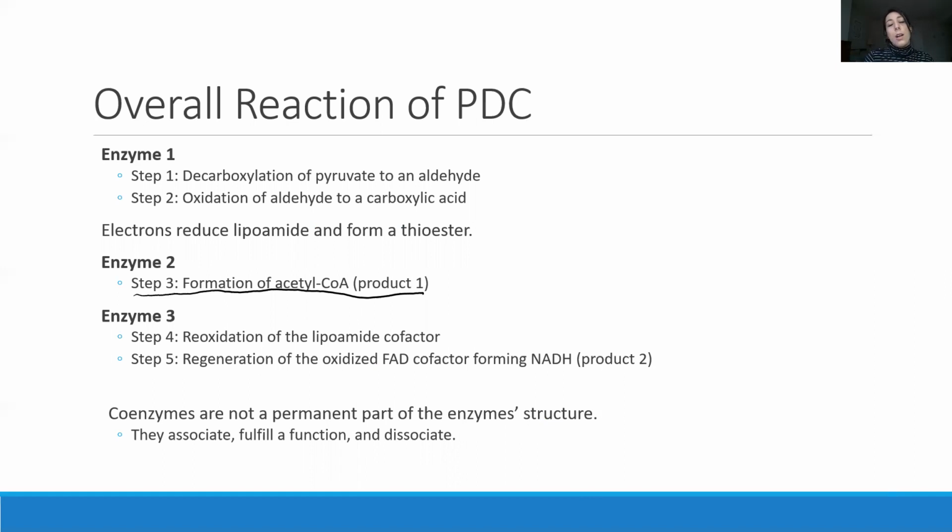So the whole reason for enzyme 3 is the reoxidation of the lipoamide cofactor that we previously used, and also regeneration of oxidized FAD. So again, we're going to look at this in more detail and look at each of these stages, but this is the overview of what is happening.